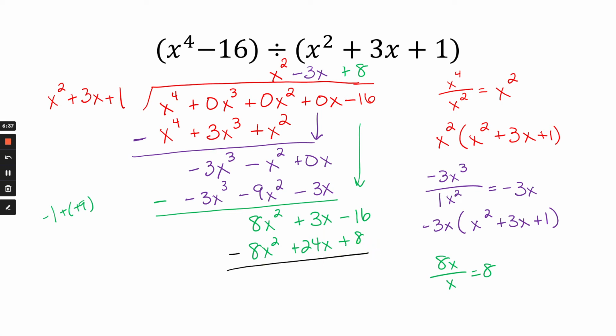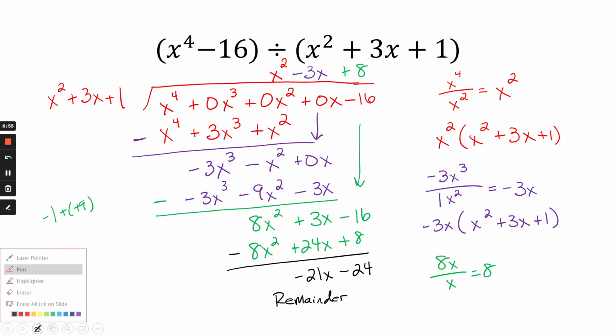So 8 minus 8 is 0, 3 minus 24 is negative 21x, and then negative 16 minus 8 is negative 24. So the part down here at the end, that's my remainder. And the part up top above the line is our answer.